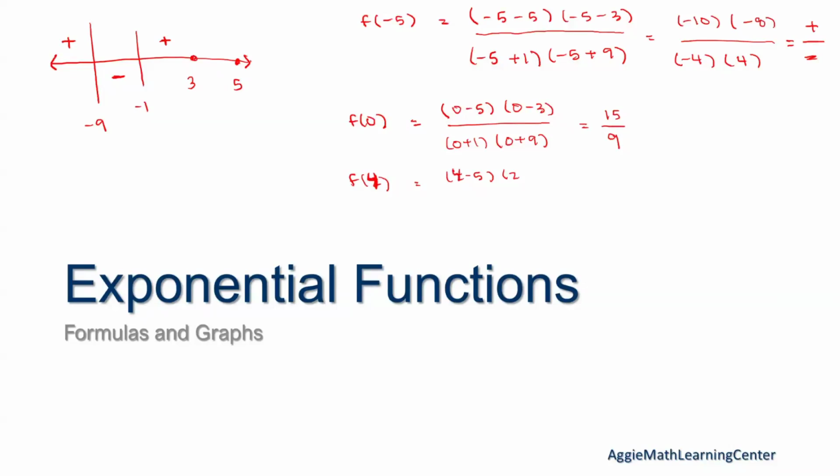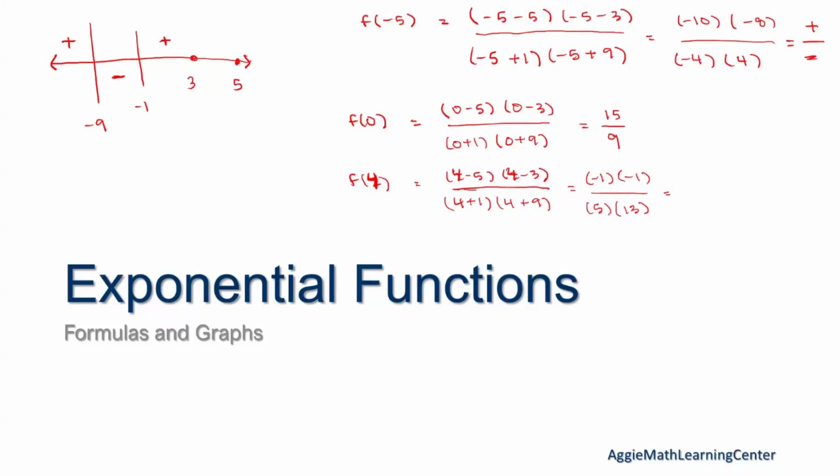Okay, 4 minus 5, and then 4 minus 3, and then 4 plus 1, and 4 plus 9. Okay, 4 minus 5 is negative 1. That's negative 1. That's positive 5. That's negative 1 and a positive 1.